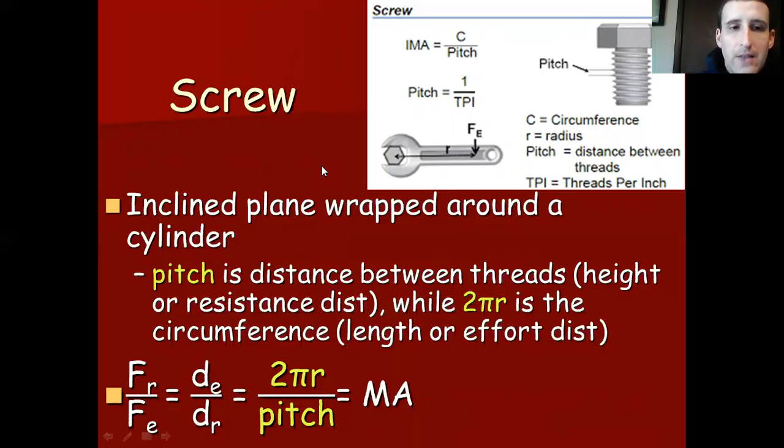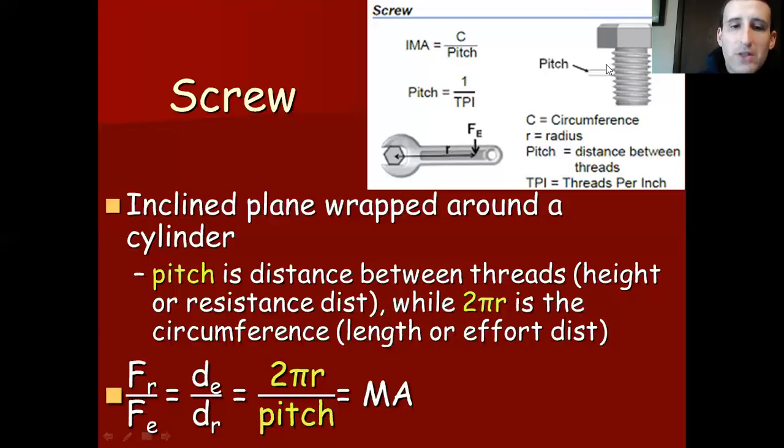It's that ramp idea, but it's being wrapped around in a circle, right? So as we turn this bolt, we can see this sloping line that goes around and around and around the bolt. And so as we turn, the bolt goes into the ground, but of course we turn it a great distance and it only goes into the surface a small amount.